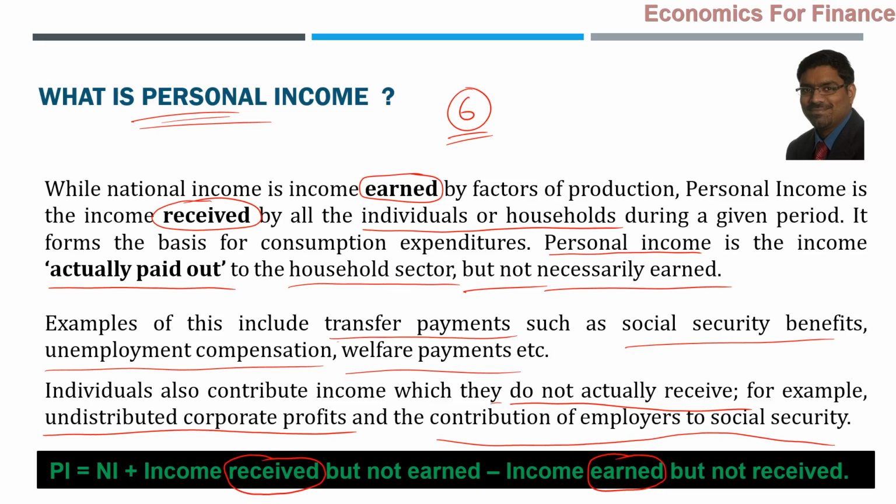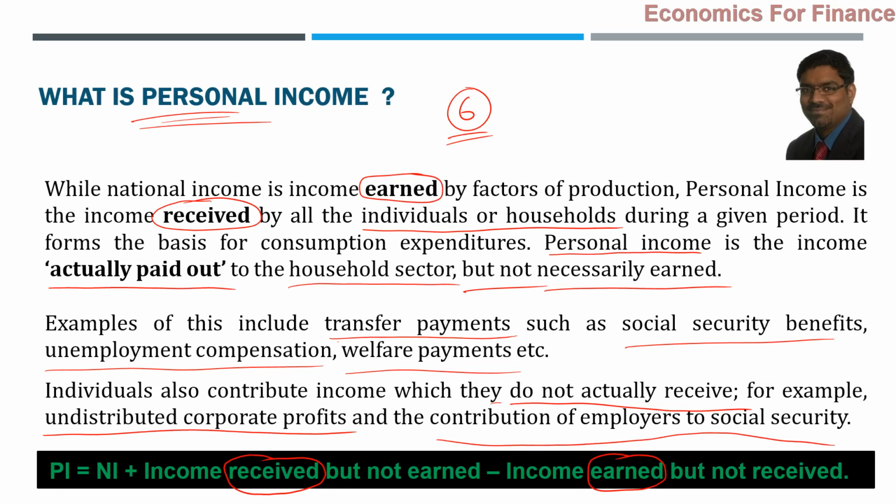So ultimately personal income is nothing but national income plus income received but not earned minus income earned but not received. Adjustments have to be done to national income so that we can get personal income. So we started with GDP at market prices. Then we adjusted for net factor income from abroad, we got GNP.